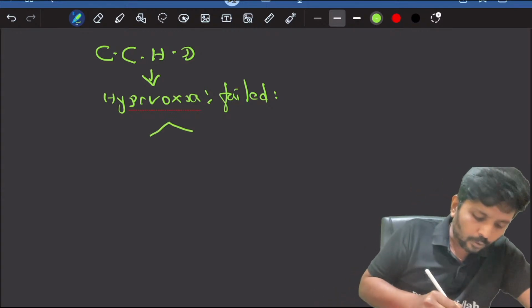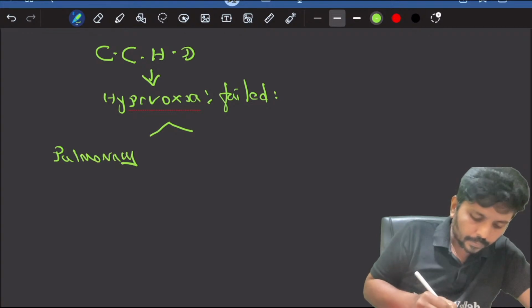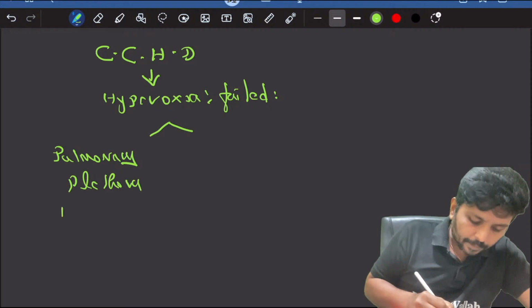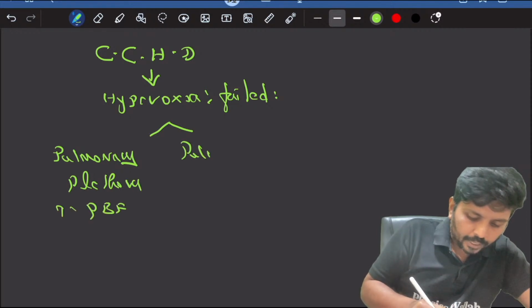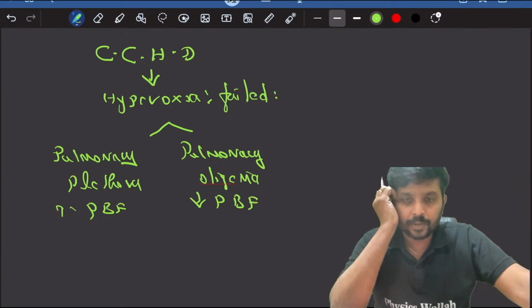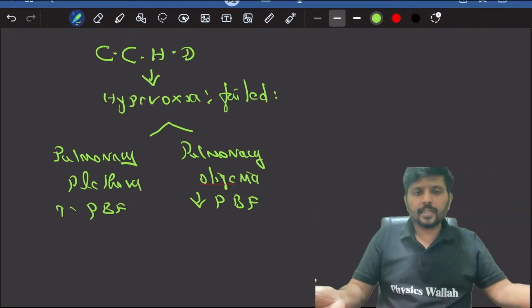Then you need to know whether it is pulmonary plethora, meaning increased pulmonary blood flow, or pulmonary oligemia, that is decreased pulmonary blood flow. Pulmonary plethora means vascular markings will be seen.